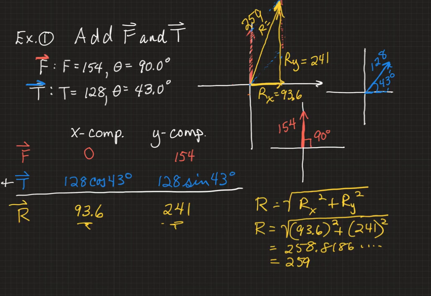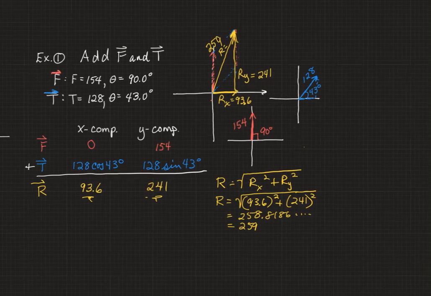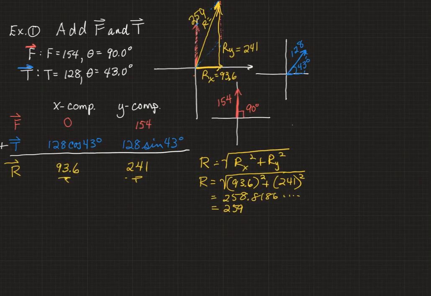But now we need to find theta, and we're kind of running out of room. Let's see if we can shrink this a little bit. There we go. Here's the formula we're going to use. I'm going to do this work in green. What we're going to do is theta reference equals the inverse tangent of the absolute value of r sub y, which is, in this case, 241, divided by r sub x, which is 93.6.